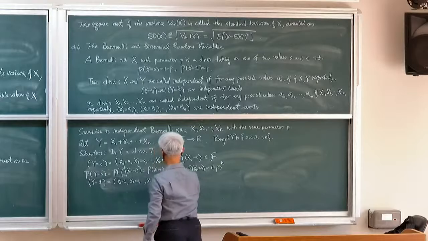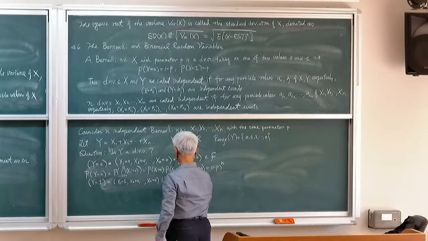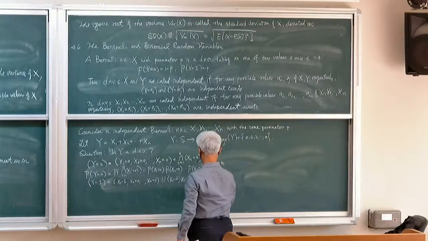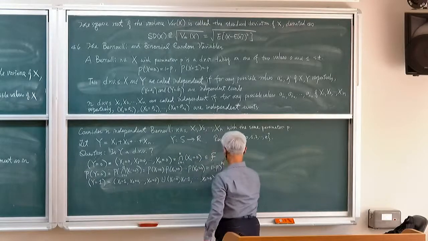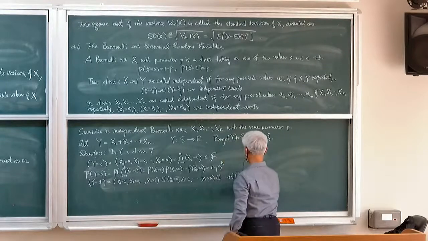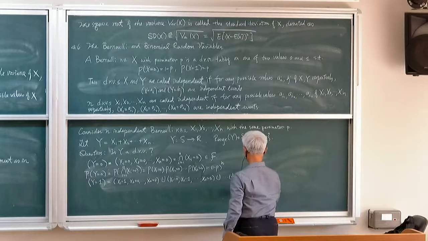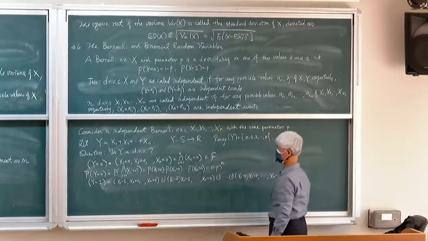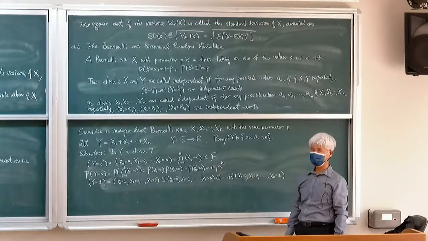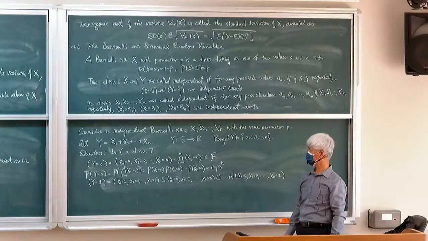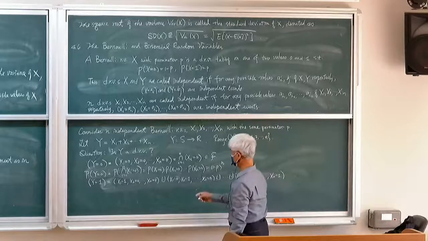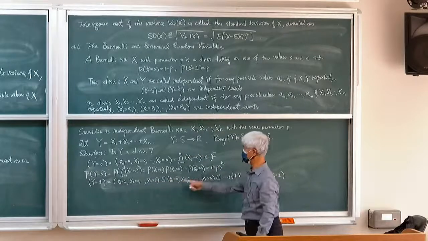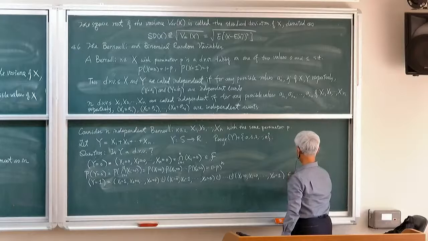Disjoint union, x1 is 0, but x2 is 1, but they are all zeros. Disjoint union, x1 is 0, x2 is 0, up to xn equal to 1. And you can see that this is the intersection and the union. So again, this is in F.